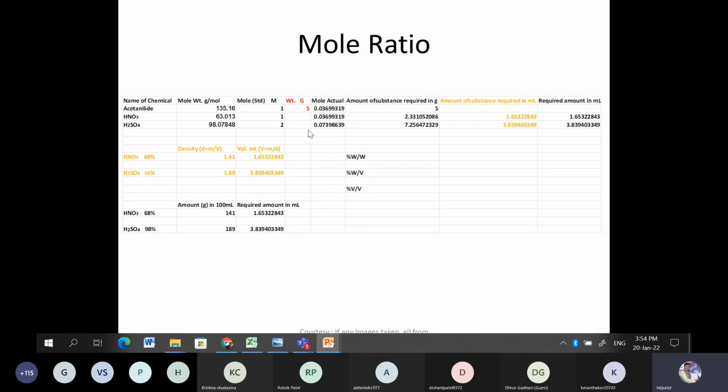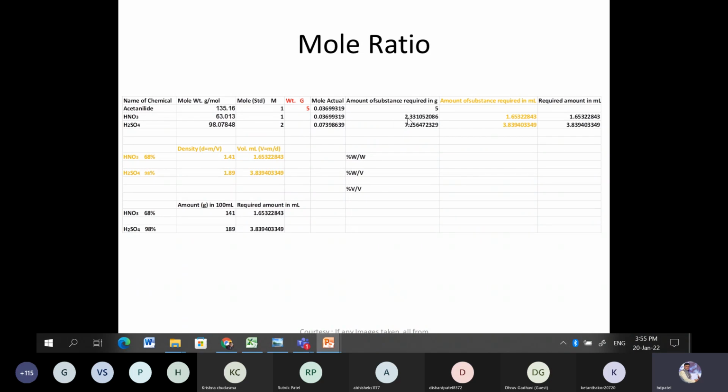Now we have to convert mole into gram, so mole into molecular weight: 0.036 into molecular weight, 0.073 into molecular weight. So this will be in gram. But as we know, sulfuric acid and nitric acid are both in the liquid phase, so we have to use the formula D equals M by V, where V equals M upon D. V means the volume which we require, and M means mass.